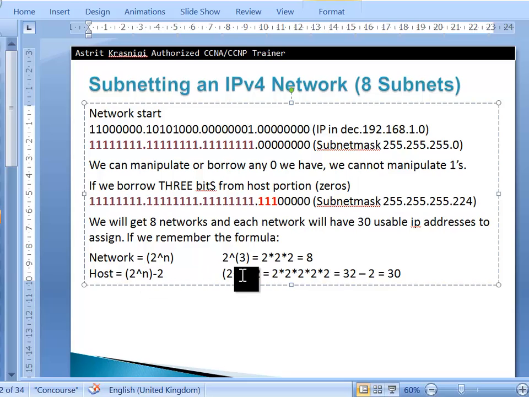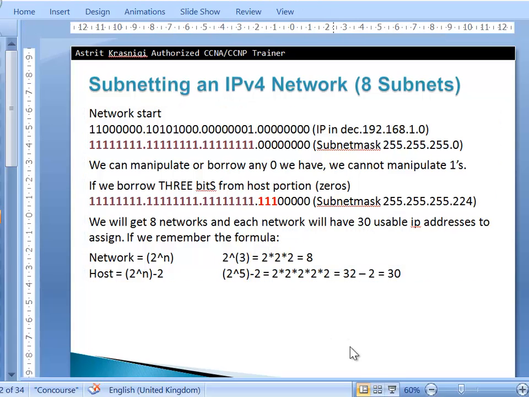And we have 5 zeros left here, we counted, 1, 2, 3, 4, 5, 5 zeros. 2 to the power 5 minus 2, it's like saying 2 times 2 is 4, times 2 is 8, times 2 is 16, times 2 is 32, so that is 32, minus 2, 30, right?